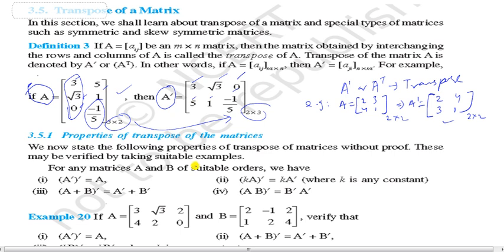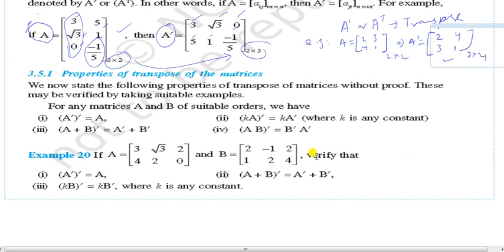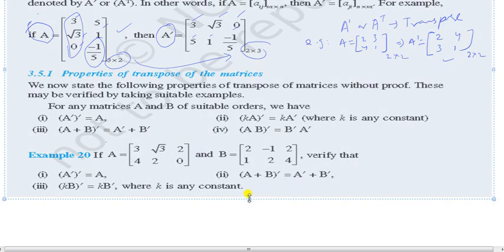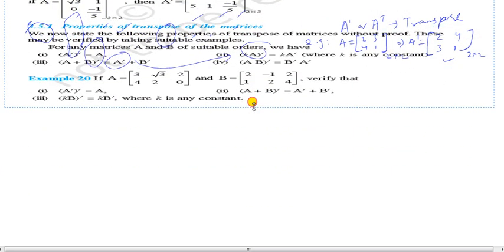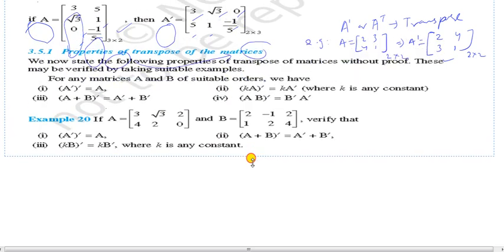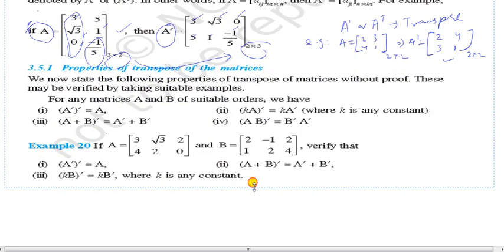Now look at some properties of transpose of matrix. The first property is A dash whole dash will be equal to A. One by one we will verify the things.